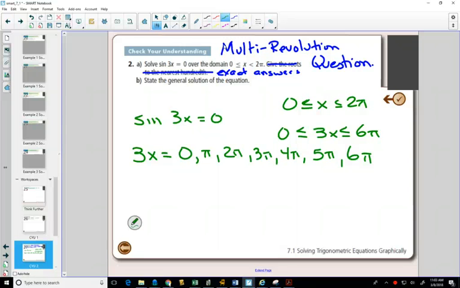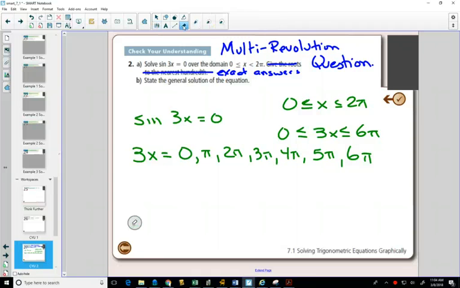Ooh, just looking at what I did, I made a tiny little mistake in my work from what the question said to what I wrote down. Can you notice the mistake that I made? That's right.